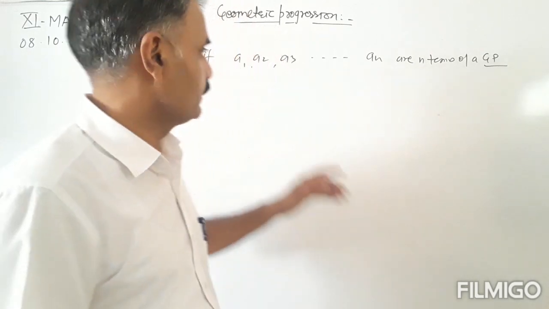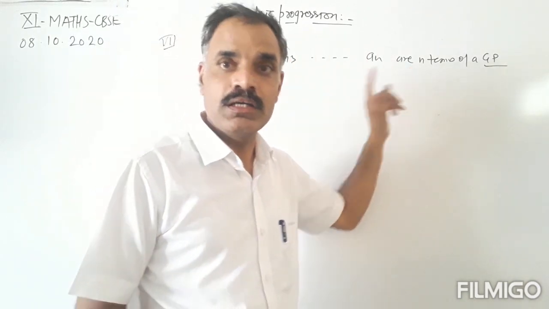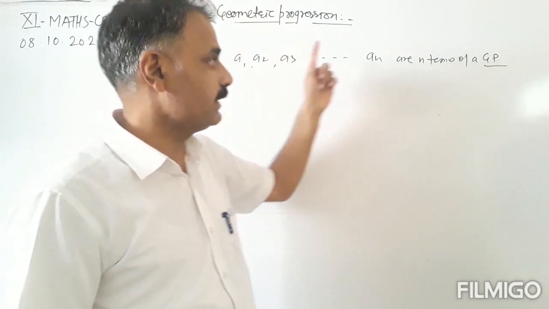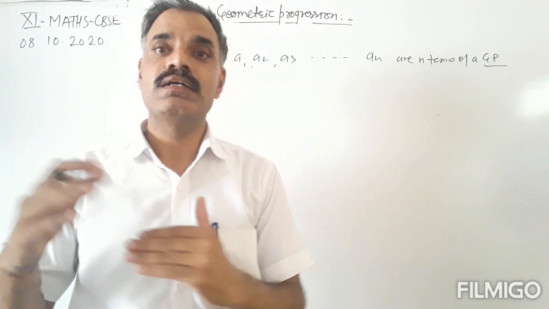Okay, it means the product of the first and last term is equal to the product of the second and second last term, and the third and third last term is always the same.